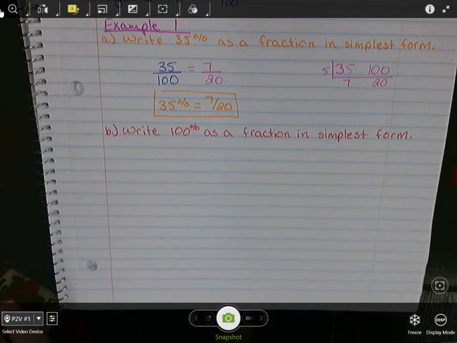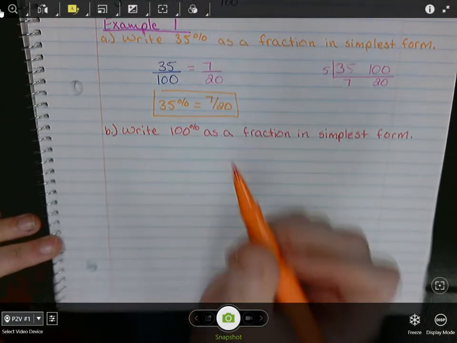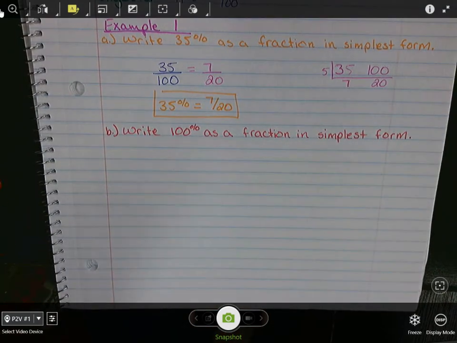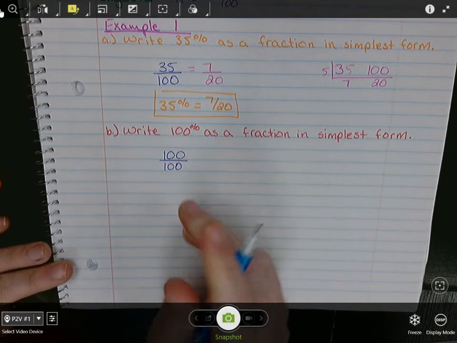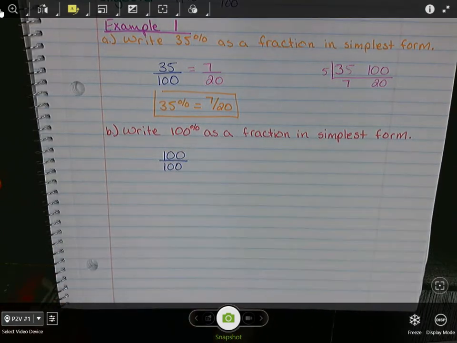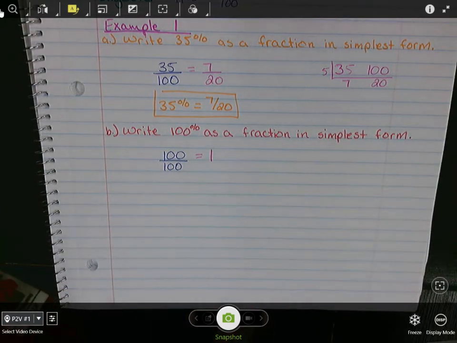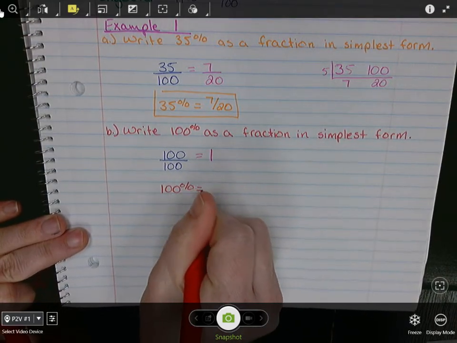Okay, all right, so it says for N%, put N over 100. So 100% we would do 100 over 100. Okay, and then I know anything divided by itself is 1. So that would be 1 over 1 or just 1. So what that means is 100% is equal to 1.